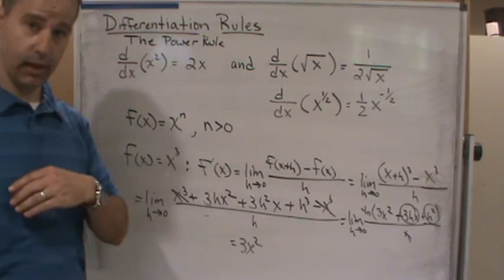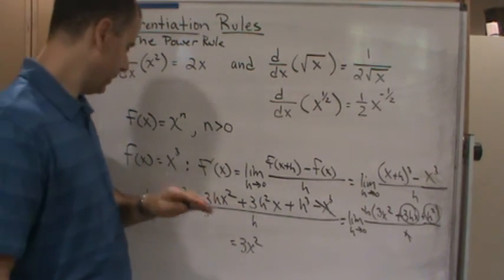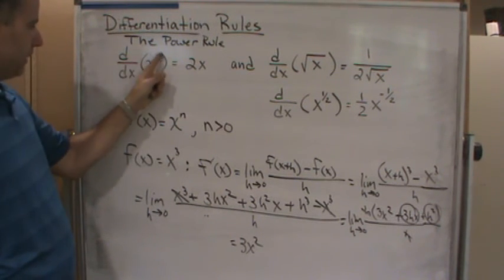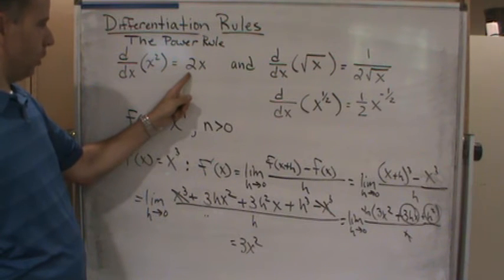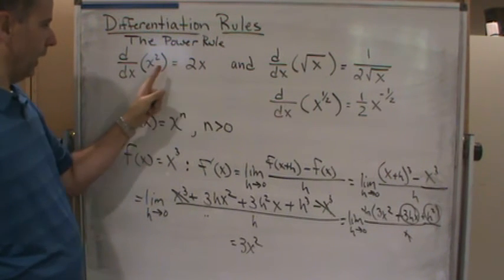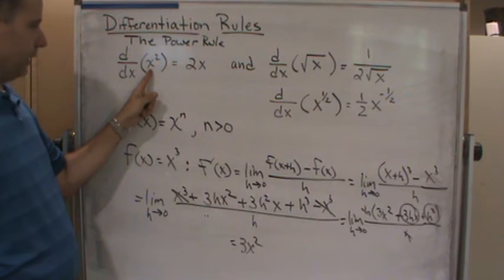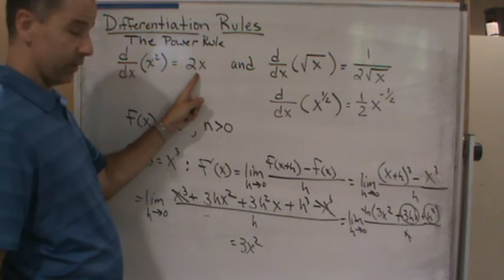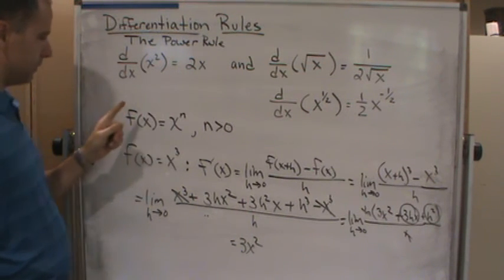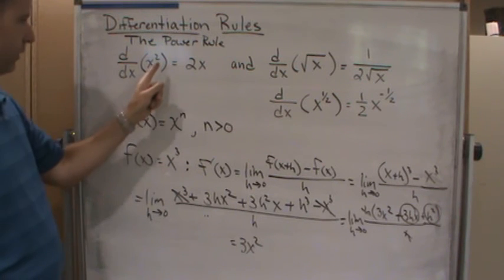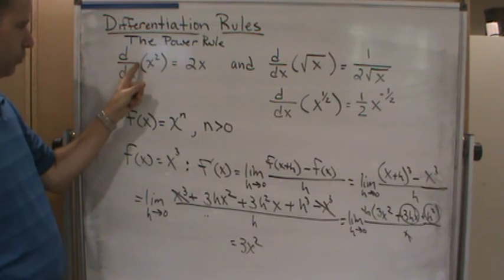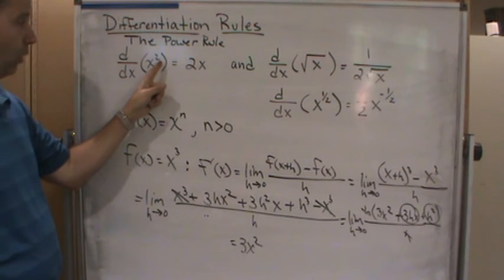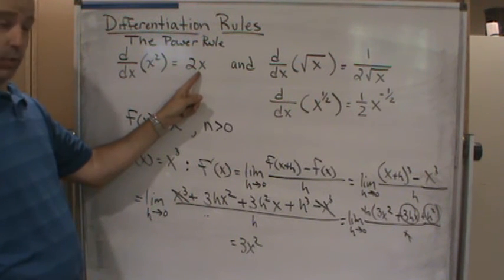But in this case, what seems to be happening is the exponent on the original function becomes the coefficient of the derivative function, and the exponent decreases by 1. So it seems that the rule is that the exponent drops down to be the coefficient, and then you decrease the exponent by 1 to get the derivative function.